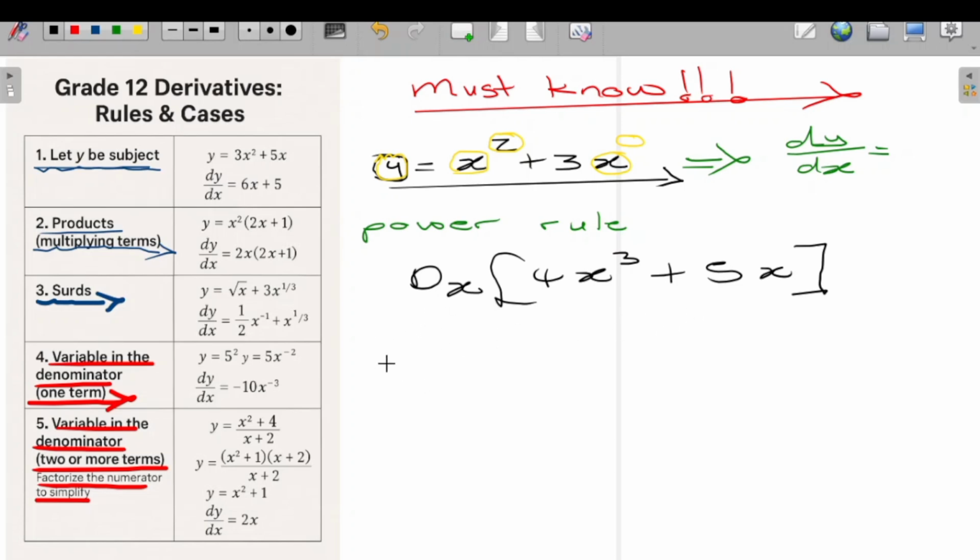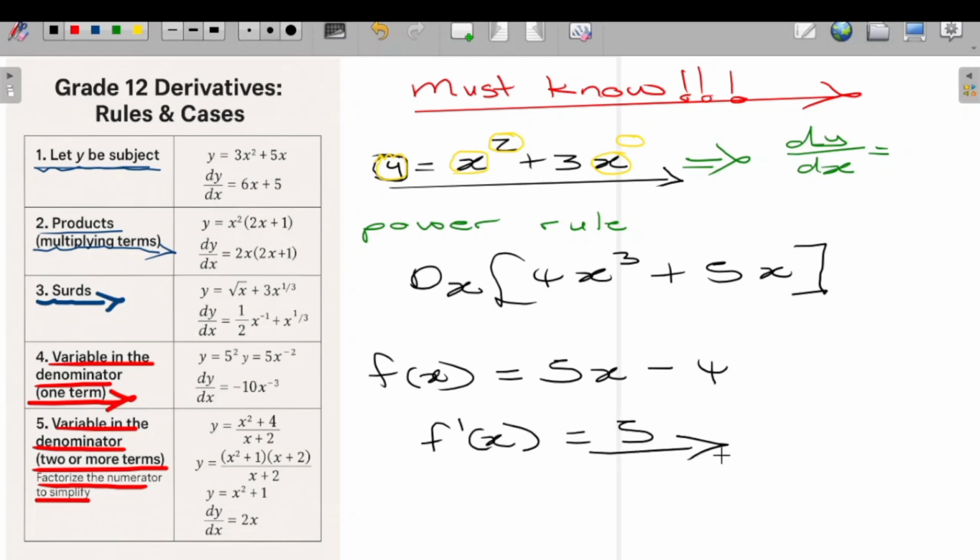Before we move on to the constant, if you are given f of x is equal to, let's just say, 5x minus 4. To show that you have calculated the derivative, you need to say f prime x. In this case, our derivative will be 5 only. Why? Because there is no x to the 4, therefore it becomes 0, and then this will cancel out.